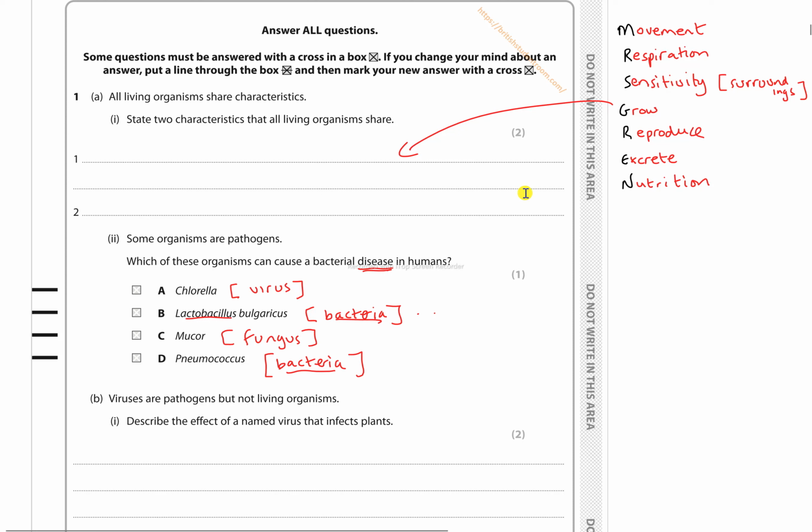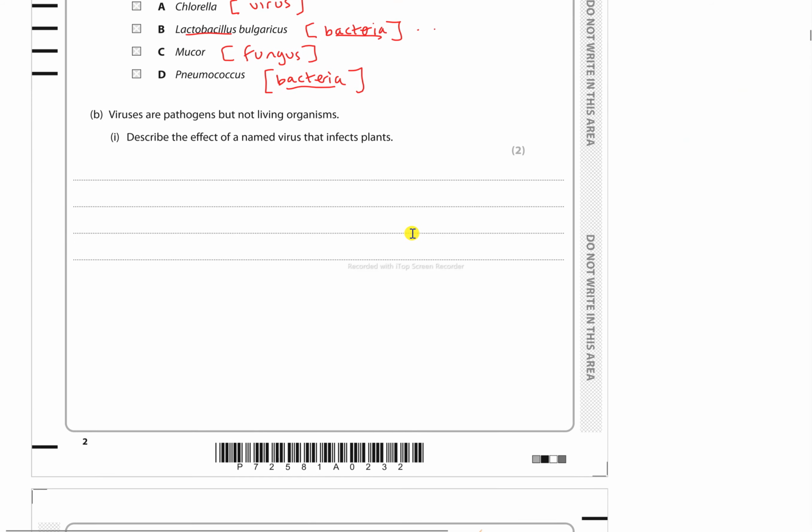Right, okay. Viruses are pathogens but not living organisms. Describe the effect of a virus that infects plants. Right, it's in the book again.